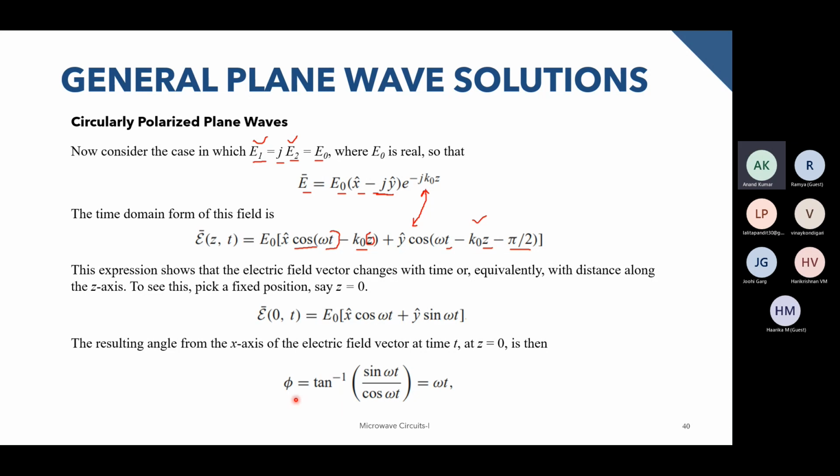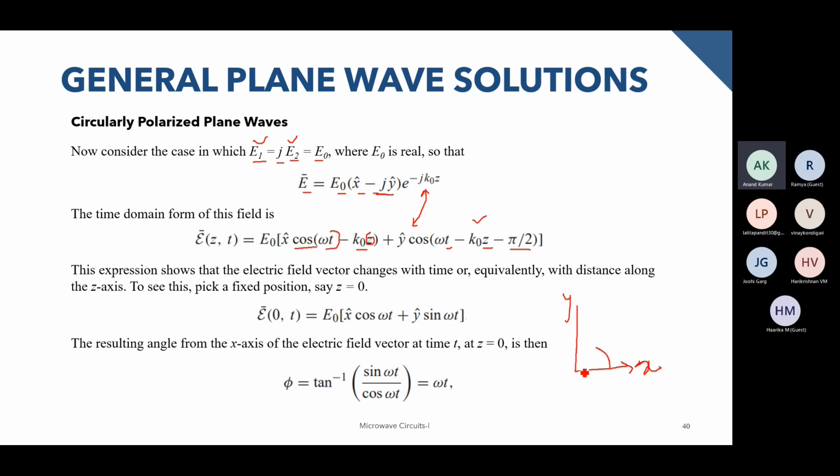Now, what we see is that this particular polarization angle is changing with time, and if we try to plot it, okay, back to pen. So if we have the x-axis over here, y-axis over here, and this particular angle which it makes with the x.